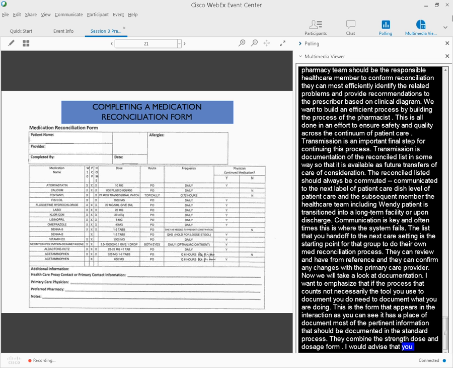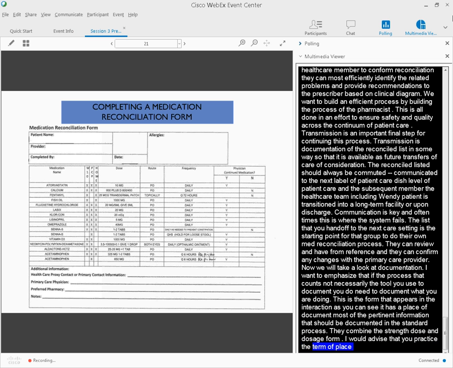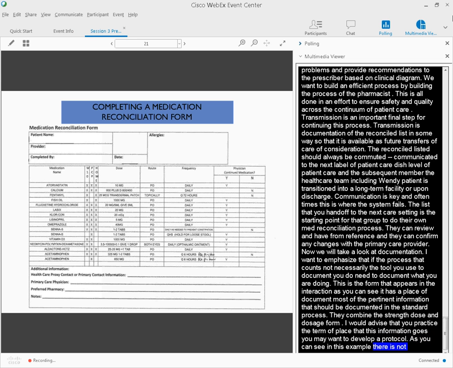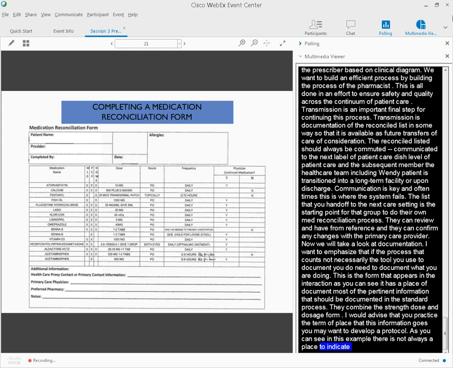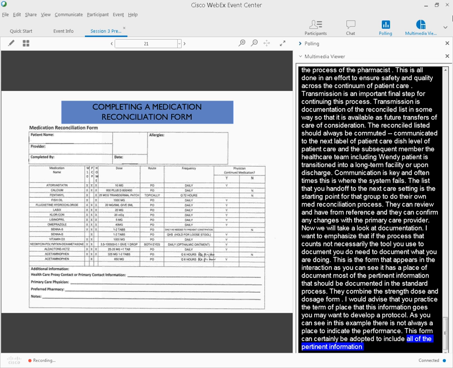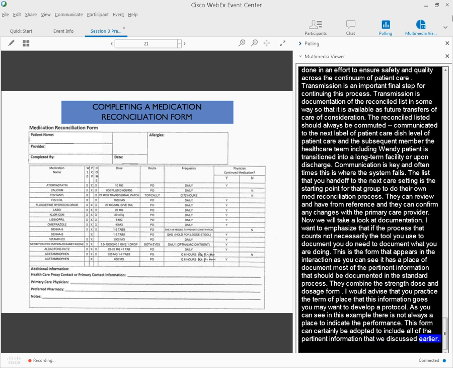You may want to develop a protocol, again, so that there's standardization within your own system. As you can see in this example, there's not always a place to indicate dosage form, etc. Again, this form can certainly be adapted to include all of the pertinent information that we discussed earlier about drug name, strength, dose, dosage form, etc.